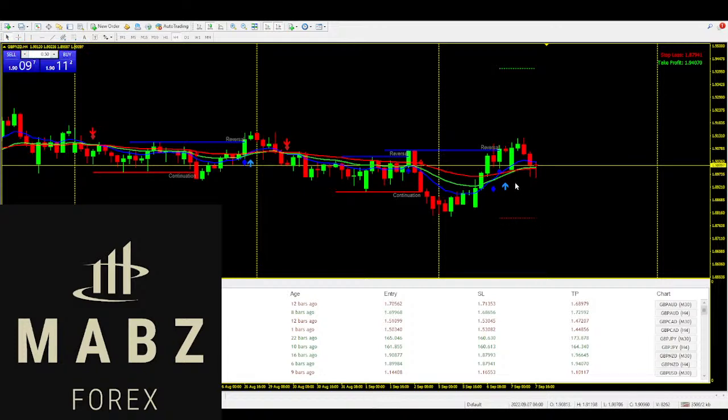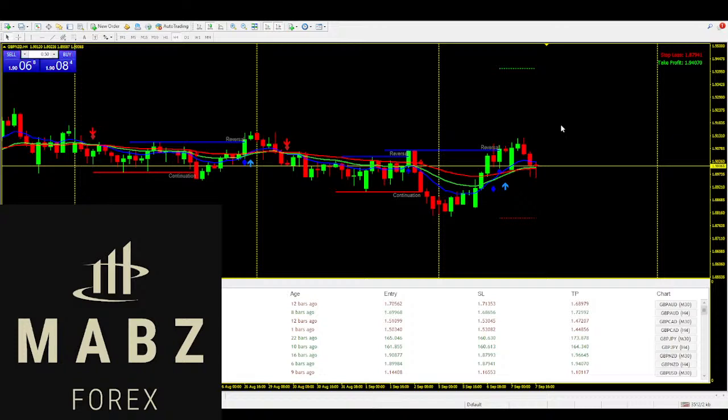If it's giving you an up arrow, the take profit and stop loss need to be positioned correctly for that to be a valid trade. Your take profit must be at the top, not at the bottom, and your stop loss must be at the bottom, not at the top. If it's the other way around, that's an invalid trade, and maybe you shouldn't take that trade at that moment, or just look for another setup.